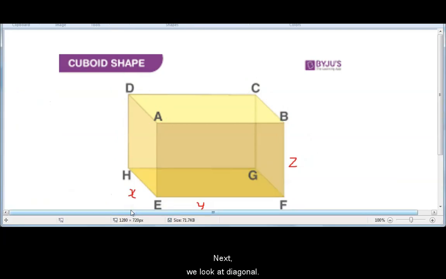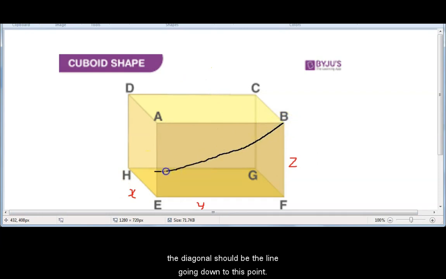Next, we'll look at the diagonal. The diagonal is the line bisecting B and H. This is B and this is H. So the diagonal should be the line going down to this point. That's a rough sketch, sorry, but just to get a picture.